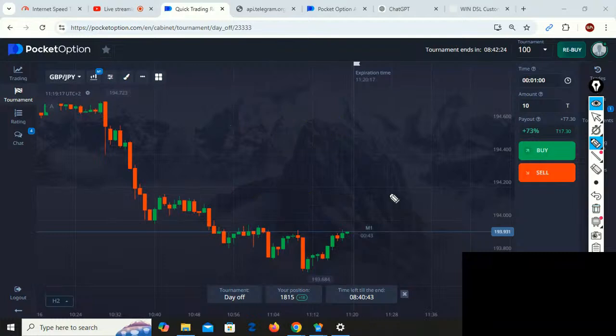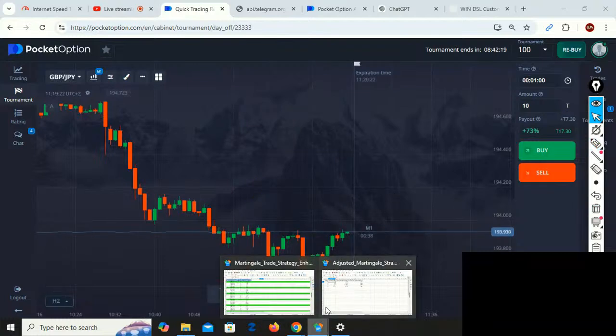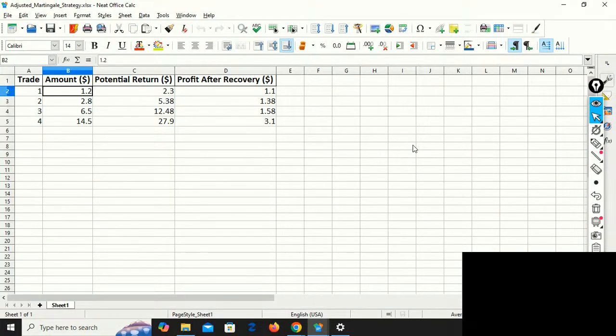Let's move to the Excel sheet so I can show you the trading cycles of our martingale. How are we going to trade? The trading cycle consists of four trades. These are the amounts of the first, second, third, and fourth, and these are the potential returns if you win. So if you win the first trade, you've made yourself $1.1.